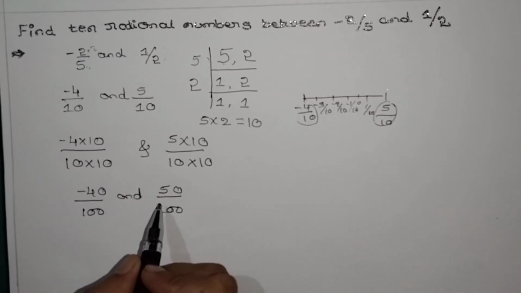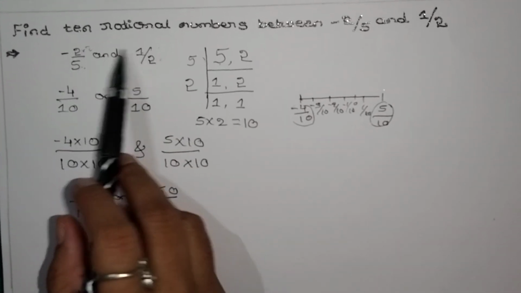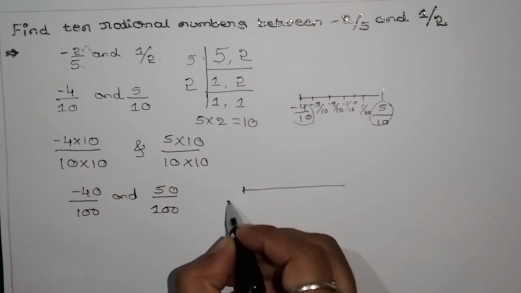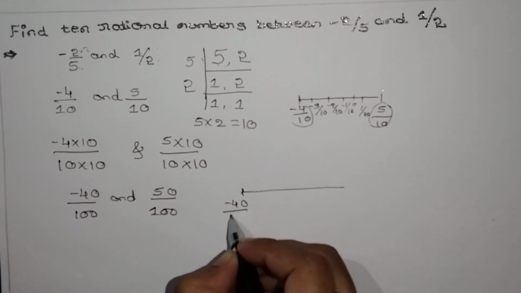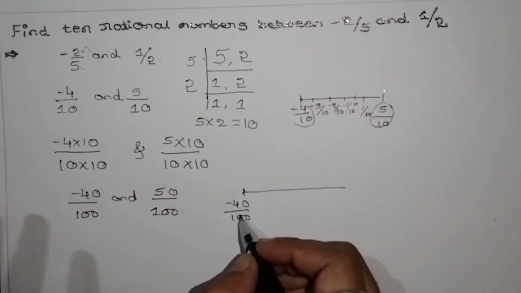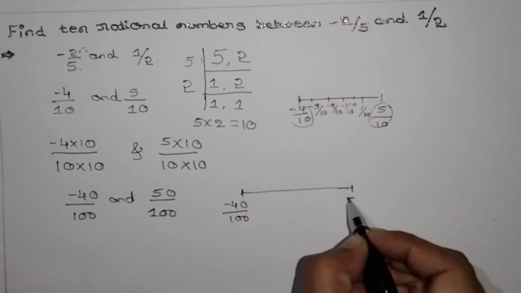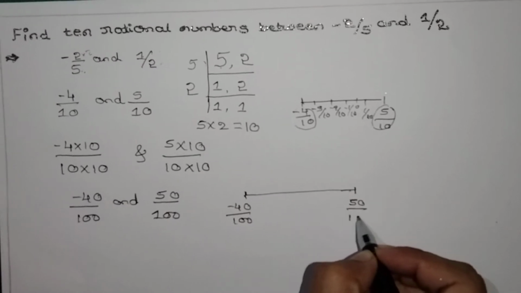In between these two we can find the 10 rational numbers. Again we have the number line: -40 by 100 on the left, because negative numbers are always at the left side and positive numbers at the right side, and 50 by 100 here.